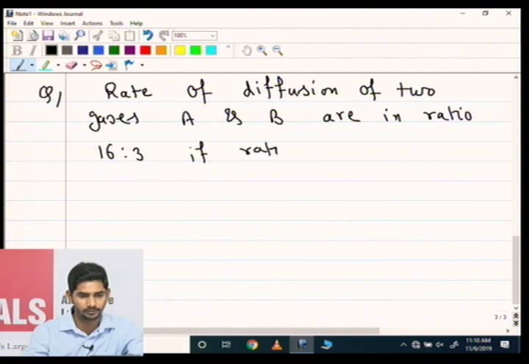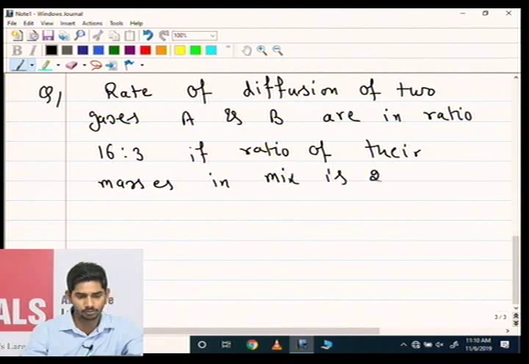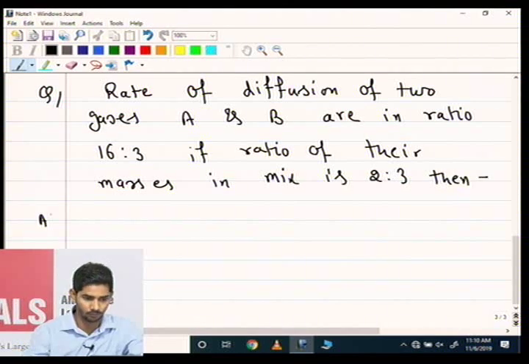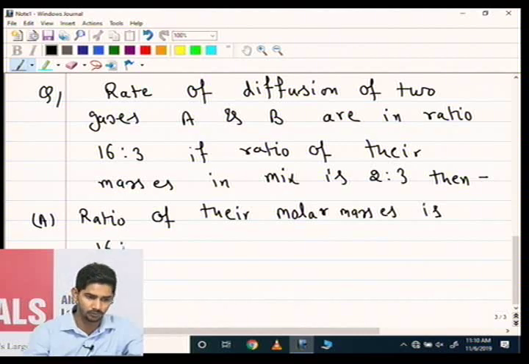If ratio of their masses in the mixture is 2:3, then option A, ratio of their molar masses is 16:1.